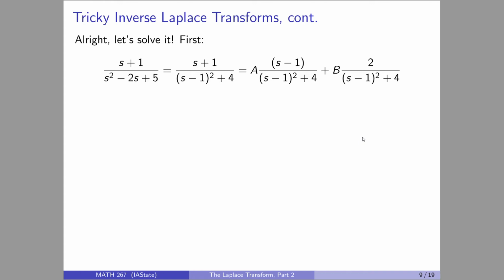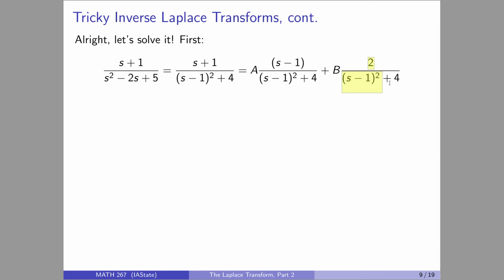Now, look at how I broke it up. I completed the square to get this, and then I split it like this. And I split it like that because the thing that's being multiplied by a, this will inverse Laplace to cosine of 2t times e to the t, because of the shift here, the minus 1.